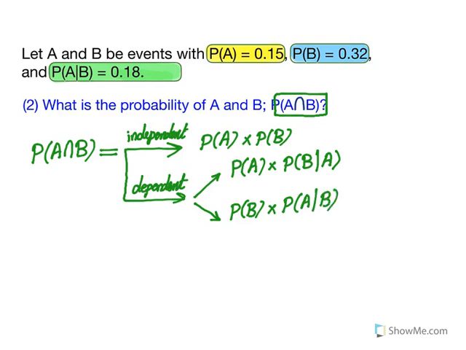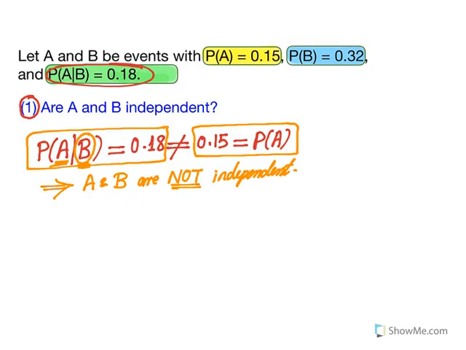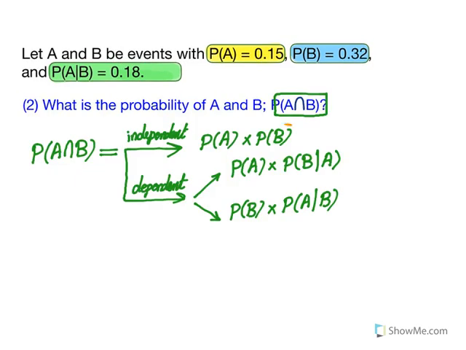And in our situation, we have shown that they are not independent. So we know that we cannot use this rule. We either use this one or this one.